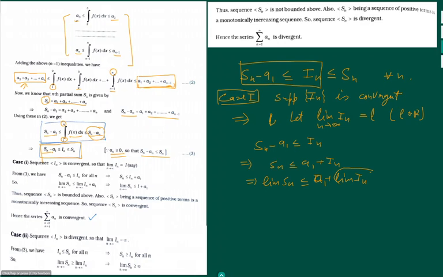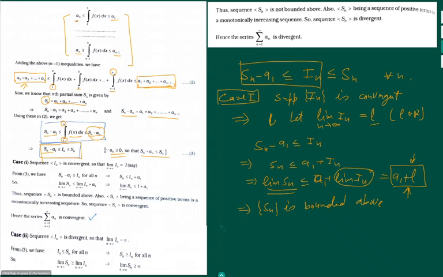But the limit of In is L, so this is equal to a1 plus L. So we have the limit of Sn is less than or equal to a1 plus L, and a1 plus L is a fixed number, and that means the sequence Sn is bounded above.